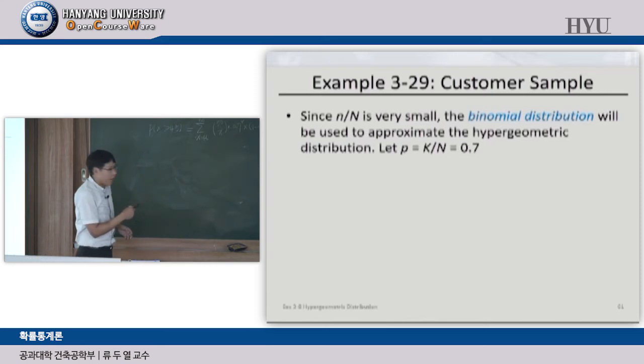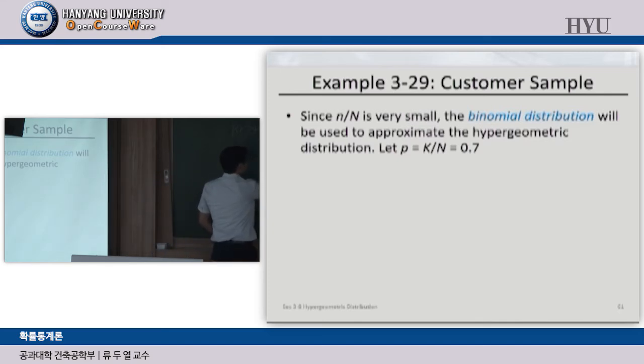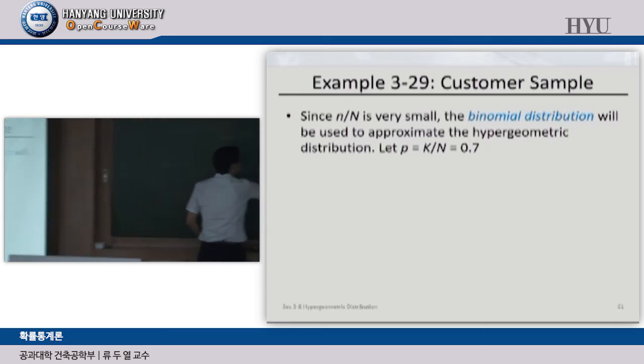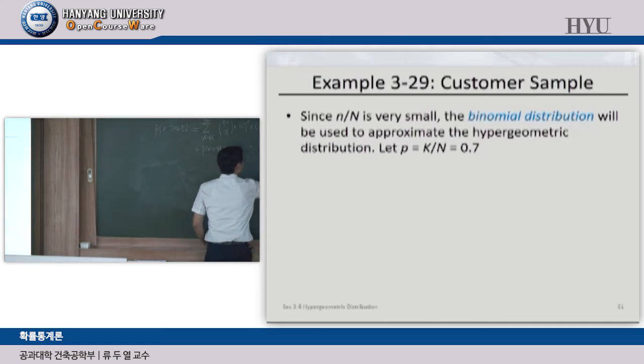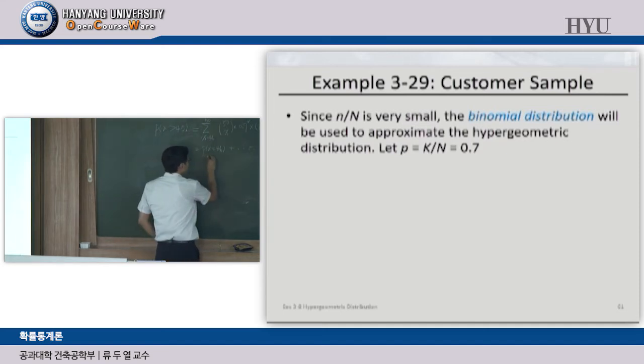That is the definition of the binomial distribution, okay? So also in this case, we have to calculate all these cases. But it is much simpler than the previous case, okay? So I'm going to solve this one first.